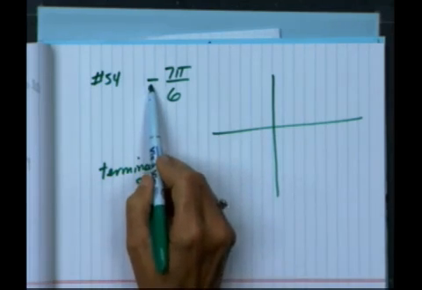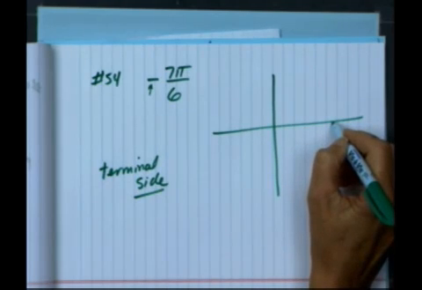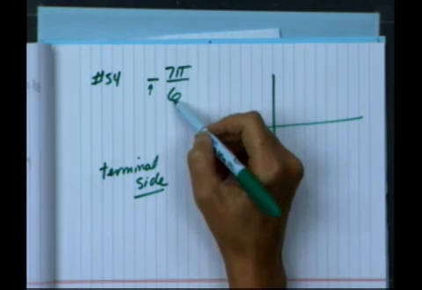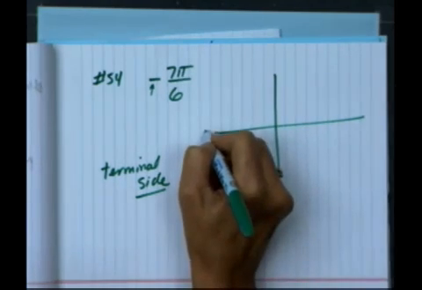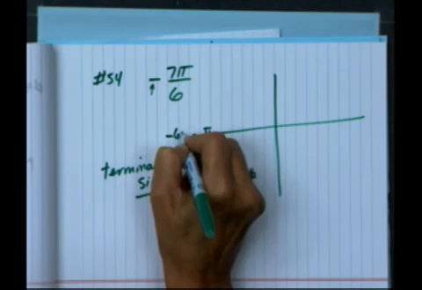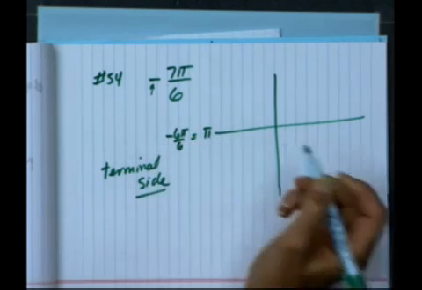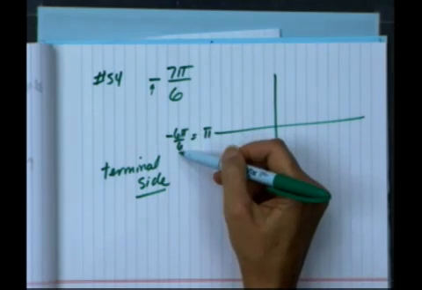This is negative, so which direction are you going? Okay, so that 7 pi over 6 is more than 6 pi over 6, right? So let's go over here to pi and write that as negative 6 pi over 6. Isn't that true? Why am I using 6 pi over 6?